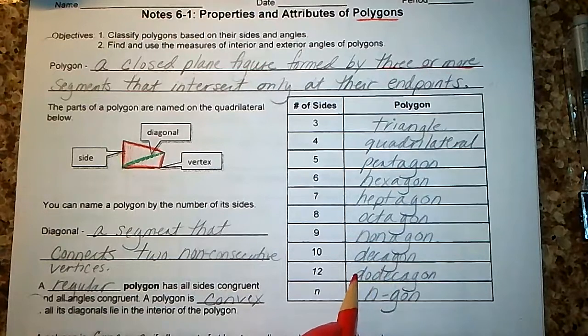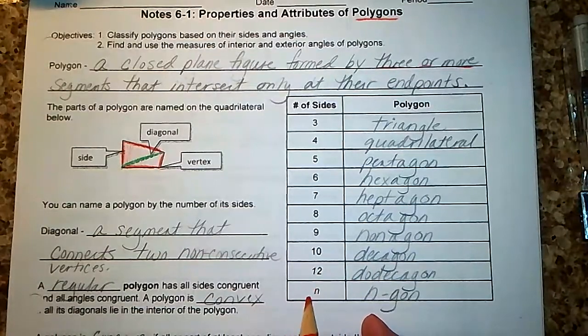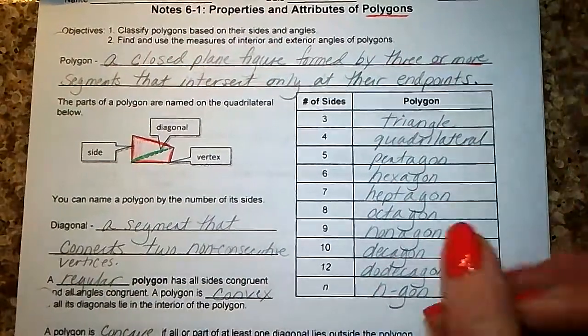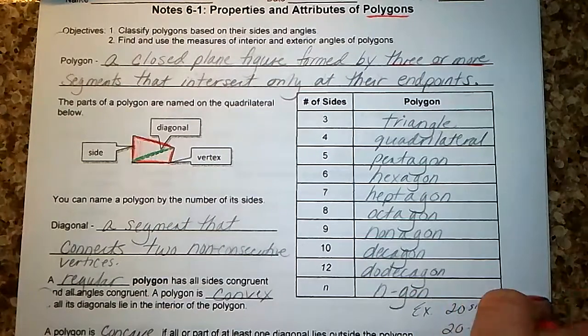It's like dos. Think of dos in Spanish and decagon, 2 plus 10. So dodecagon. And the N stands for any number, right? So for example, if I have a 20-sided figure, I would call that a 20gon, right? If it has 20 sides, we'd call that a 20gon.